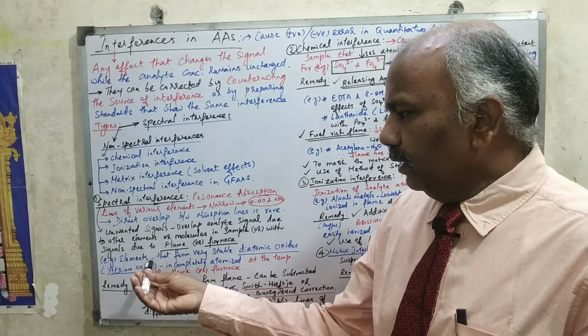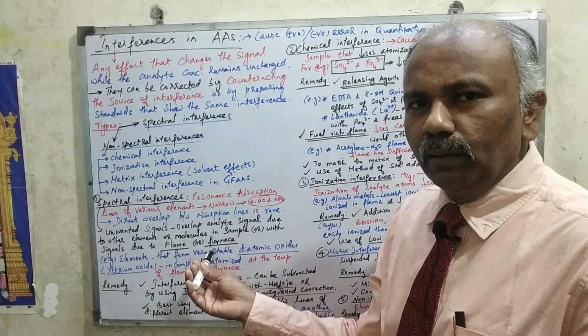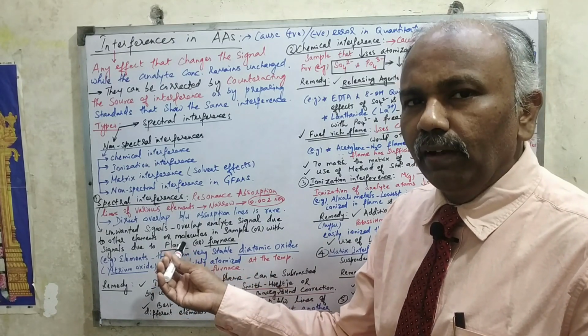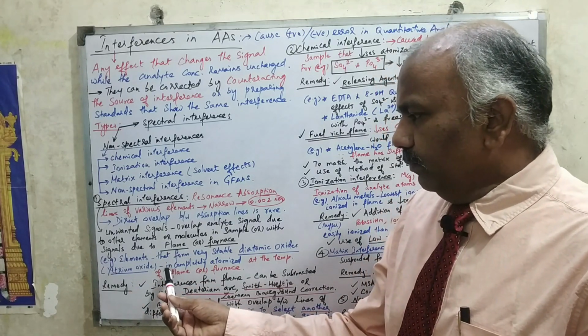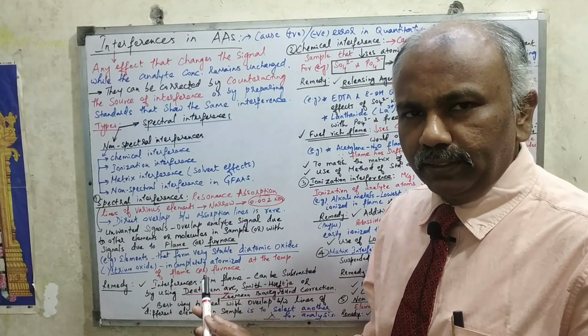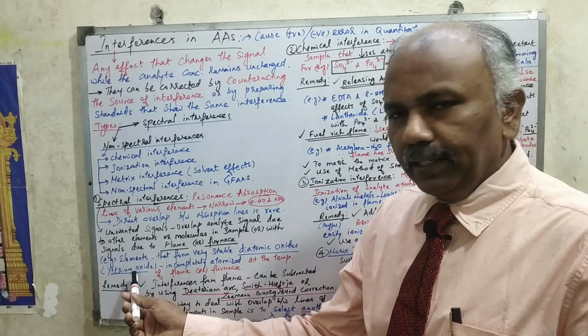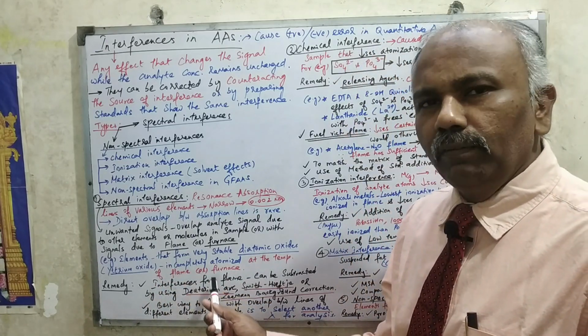For example, elements that form very stable diatomic oxides, such as yttrium oxide, are incompletely atomized at the temperature of the flame or furnace, and these will cause spectral interference.